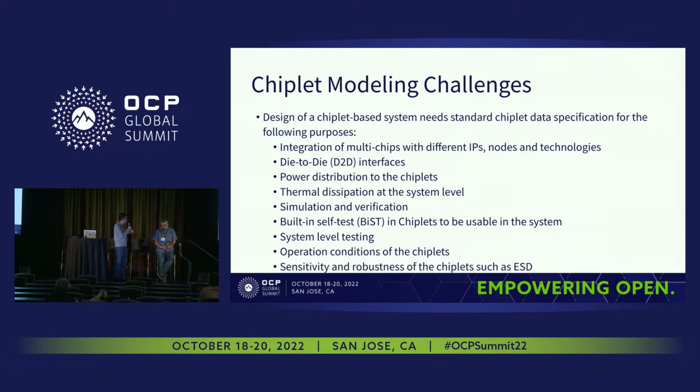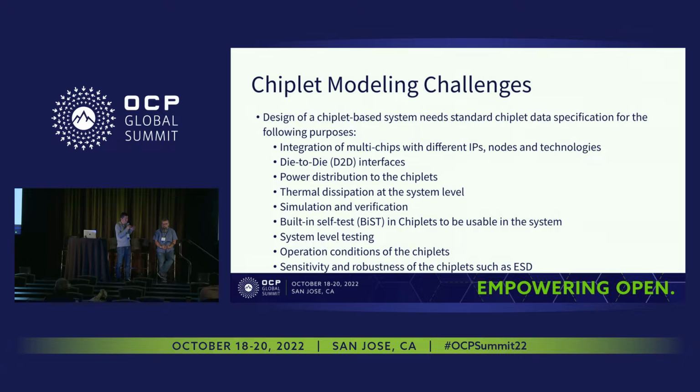Same for simulation and verification. At some stage you have to do that. It will require data again from many different chiplets put together so you can run a proper simulation and then do verification. Also, built-in self-test is very important since this is chiplet-based design.